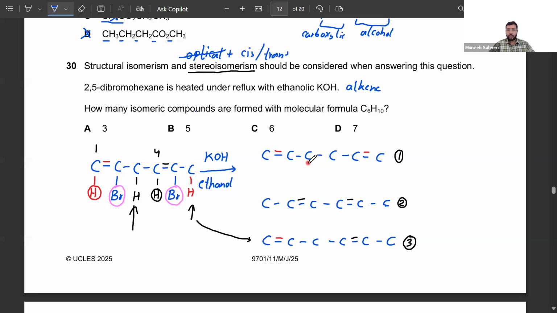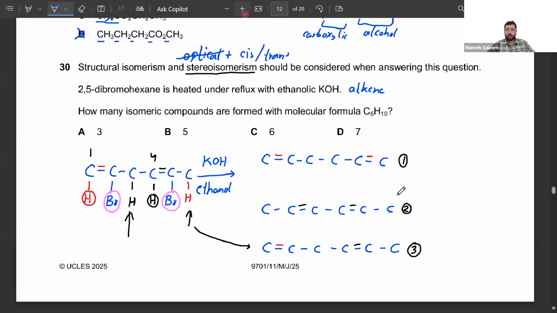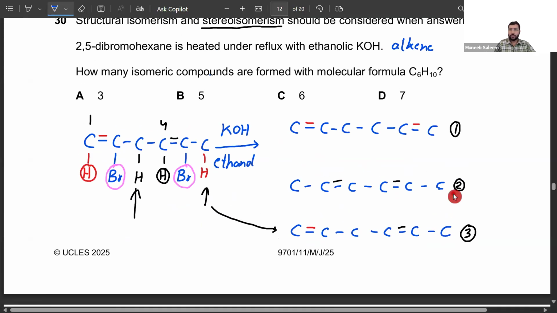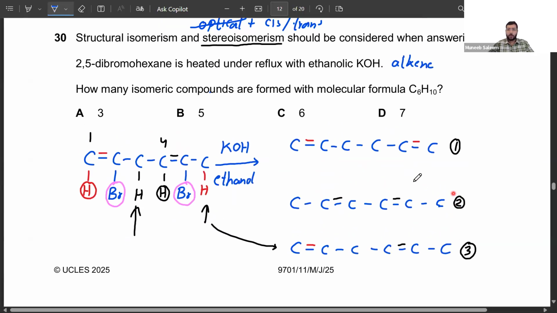Now we will check the cis-trans. For cis-trans, we need the requirement of the double bond, and we can see here that all the three molecules have double bonds present. Now we have to find where the cis-trans isomer will exist. If you look at structure number 1, we can see that this carbon has two hydrogen atoms bonded on it. Two hydrogen atoms bonded on the carbon does not give cis-trans.